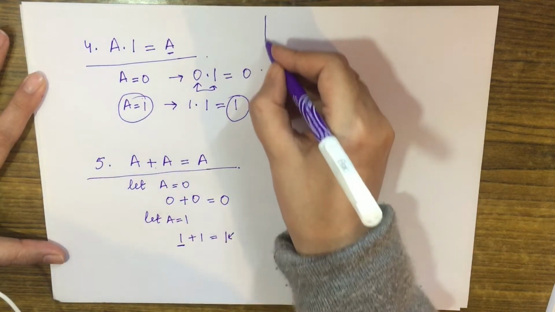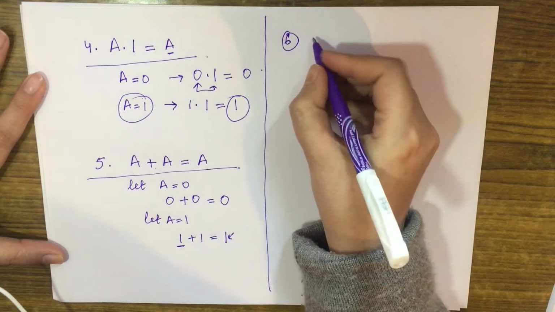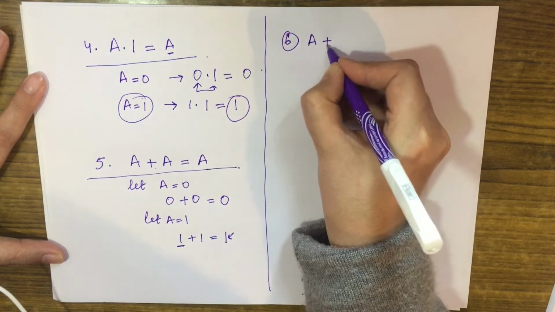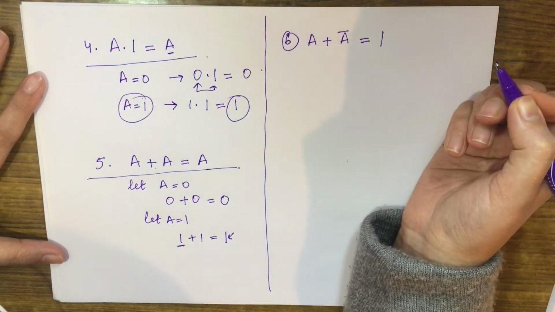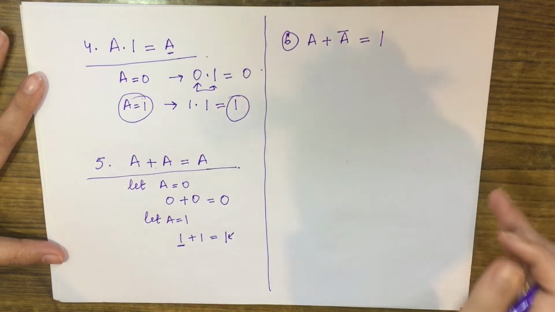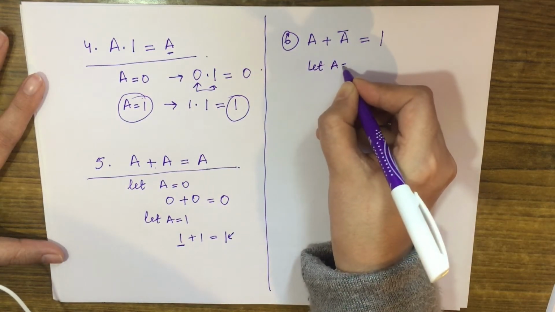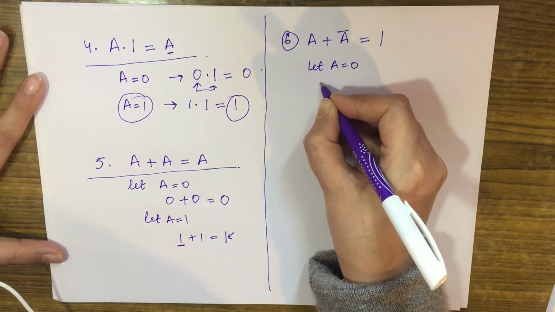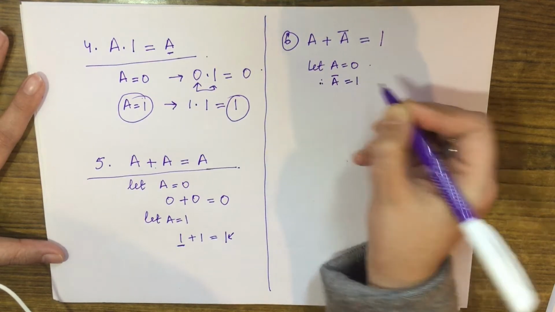Similarly, now we will see rule number 6. Rule number 6 is a OR a complement is equal to 1. For example, I will let a equal 0. That means its a complement will be equal to 1.